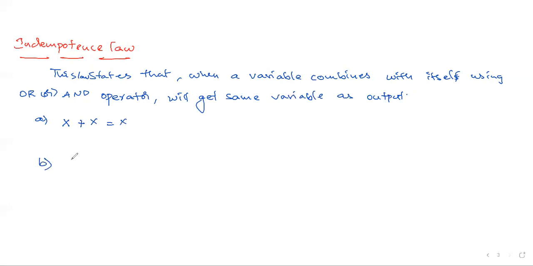And the next one also, when a variable is combined with itself by using the AND operator, we will be getting the same variable. See, the logic gate for this: x or x will be x.